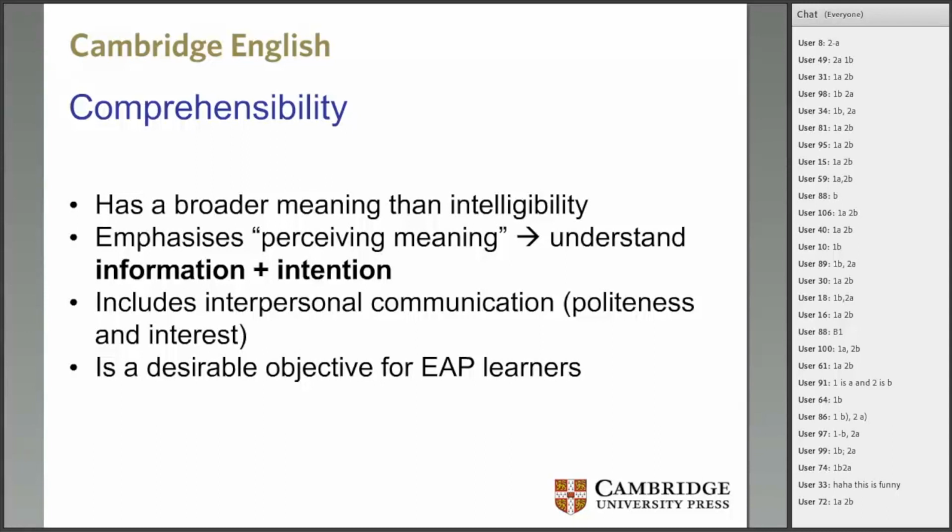So did the speaker want to sound polite? Did the speaker want to sound interesting? So this is where this idea of appropriate communication that we've looked at earlier in the webinar comes back in. And this idea of effective interpersonal communication. And as I've mentioned, ideas of politeness and interest.